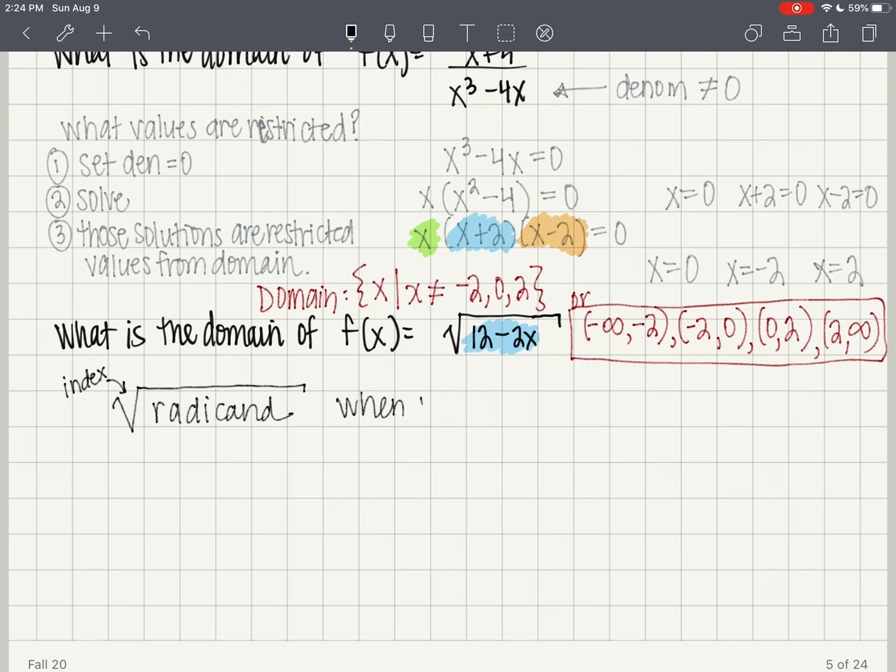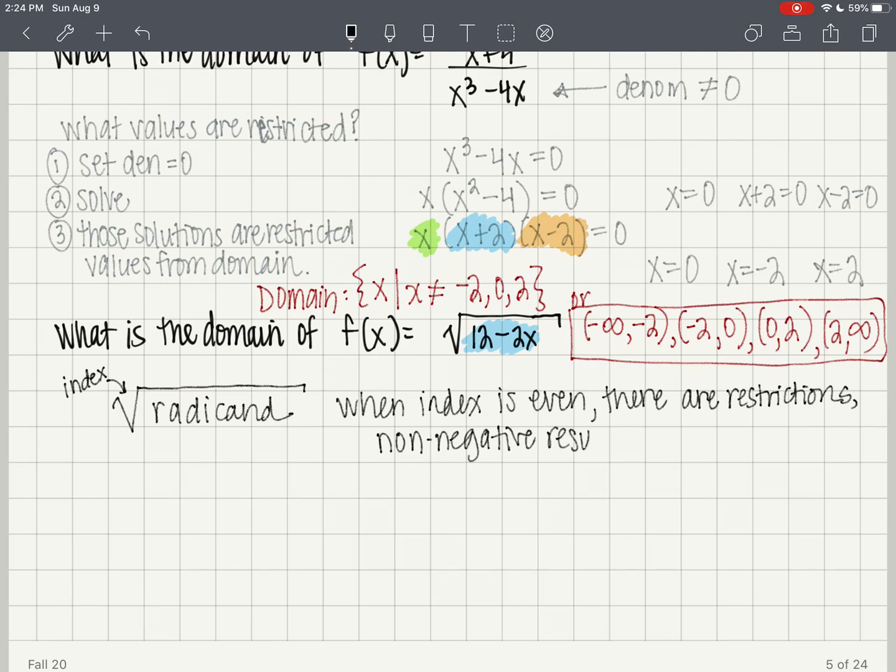When the index is even, there are restrictions. Non-negative results only.